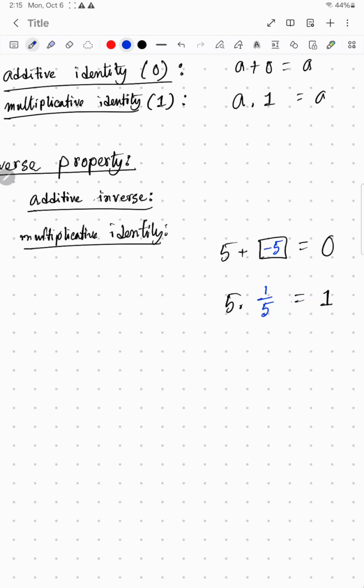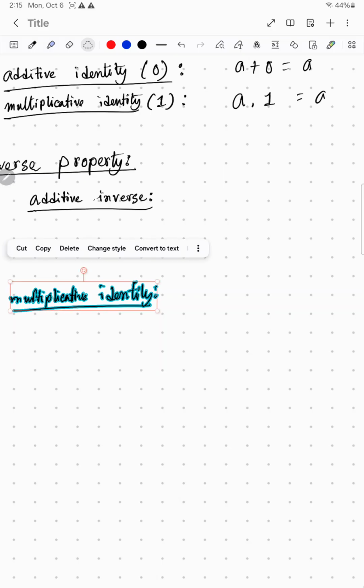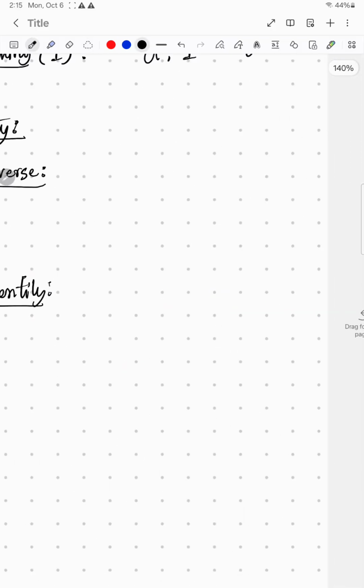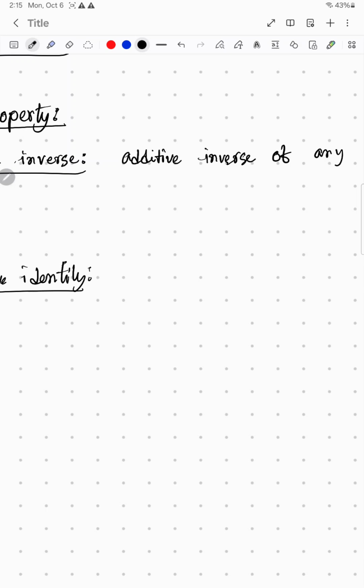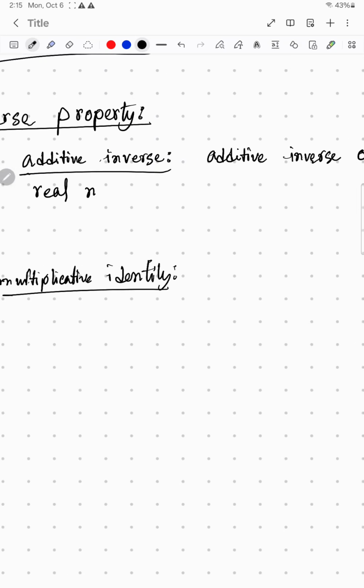So we say the additive inverse of any real number a is negative a. Why?